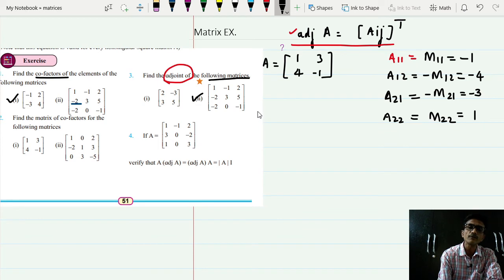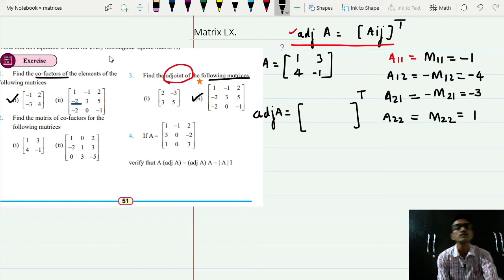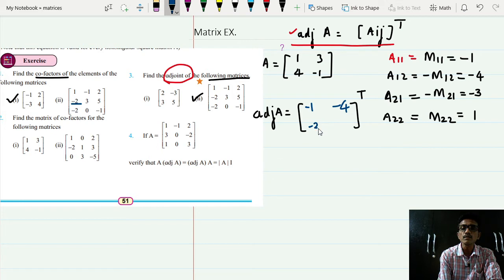Now we have to find its adjoint. So what is the adjoint of A? That is equal to the transpose of the matrix of cofactors. Transpose means we interchange all rows and columns. So what is A11? -1. A12 is -4. A21 is what? -3. A22 is what? 1.